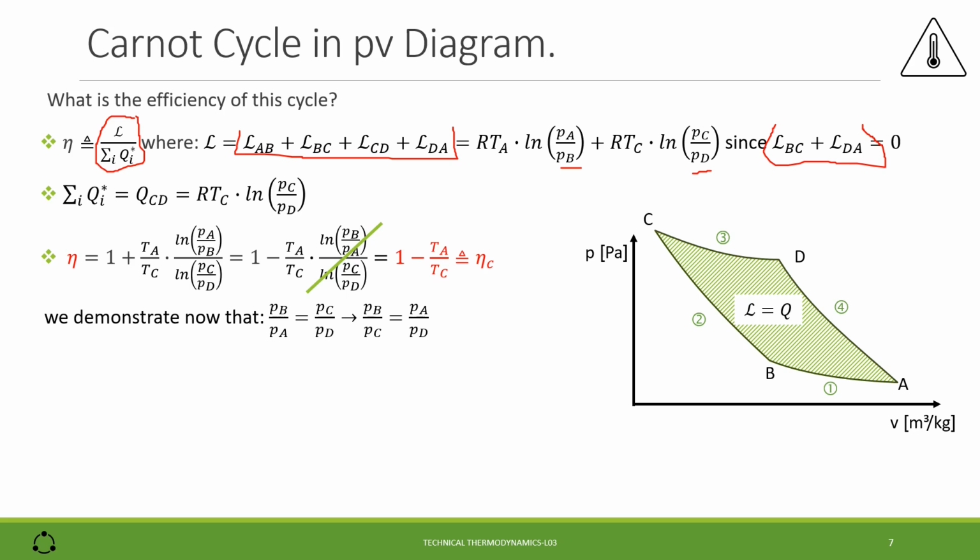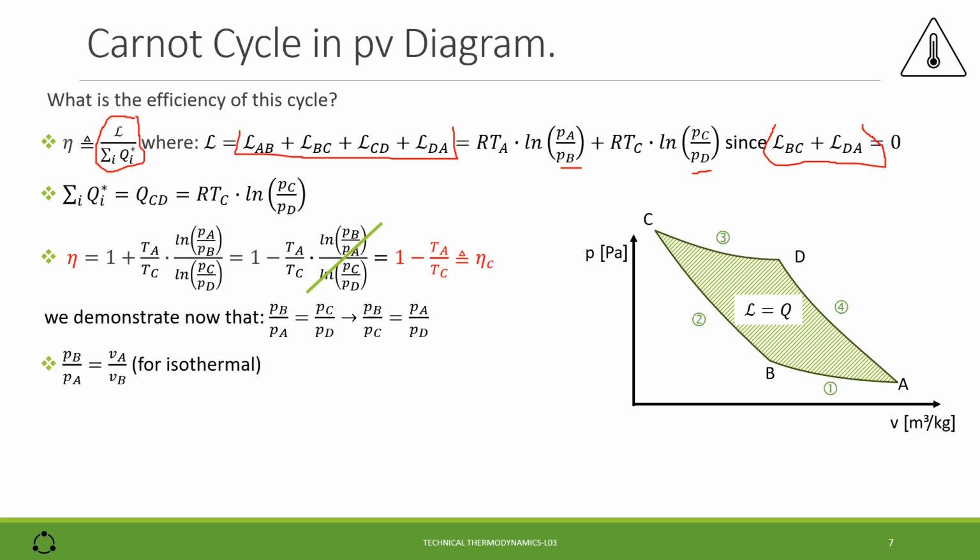We can demonstrate now that the expression above cancels out because the ratio between PB and PA equals PC and PD. That is the same as the ratio between PB and PC equals the ratio between PA and PD.